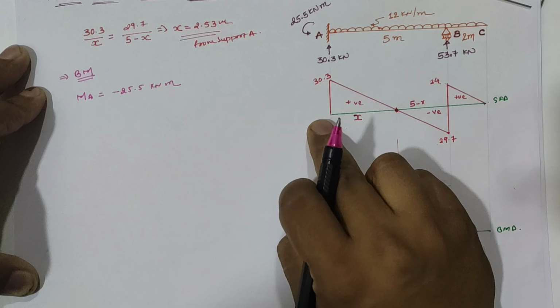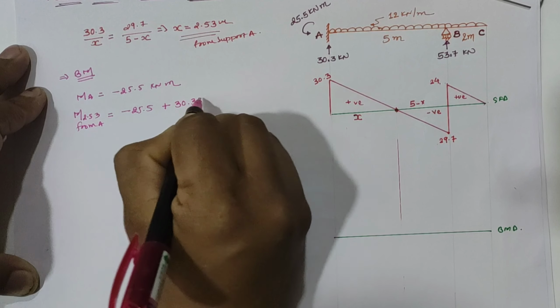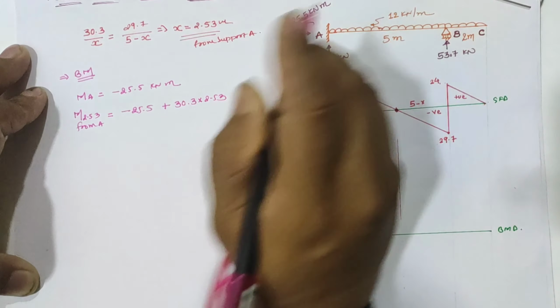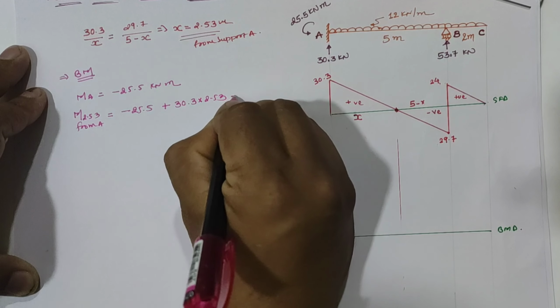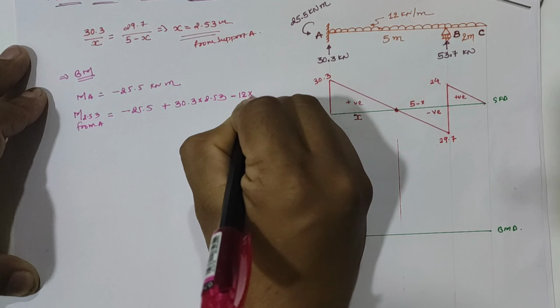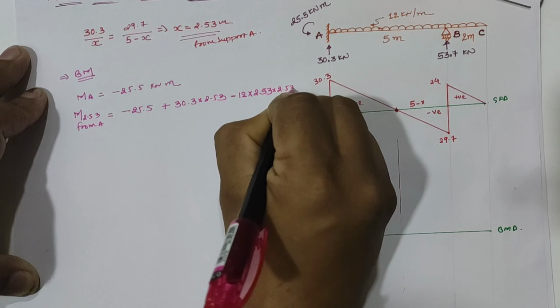Now from support A at distance x as 2.53, our value is minus 25.5 as anticlockwise moment, RA into distance x, which is plus 30.3 into 2.53 in clockwise direction, and UDL creates the anticlockwise moment, hence it is minus UDL into distance 2.53 into distance by 2 as CG value.